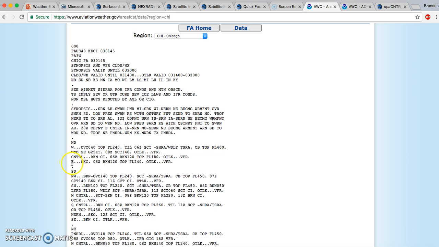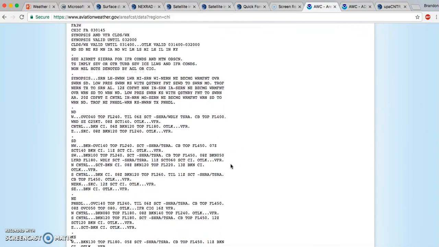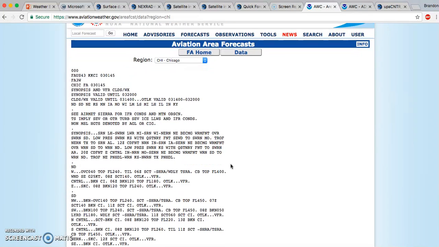On the eastern side, where we are, skies are clear. But at about 8 Zulu, we're going to get broken clouds at about flight level 120, topping about 240. However, the outlook is VFR, so it'll be pretty clear skies for the most part for North Dakota, which is really nice.